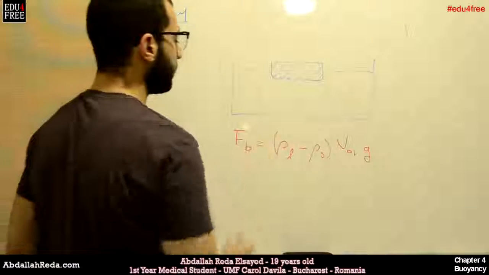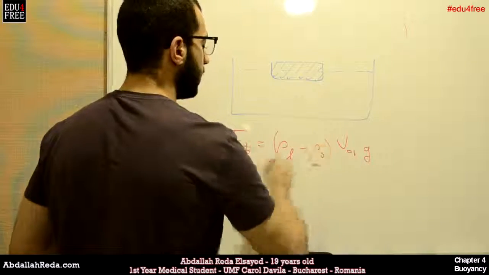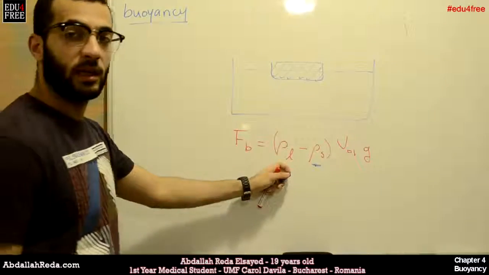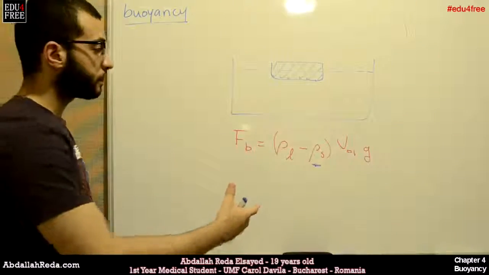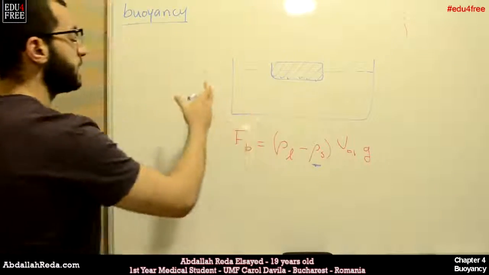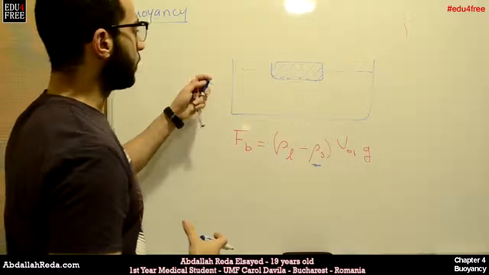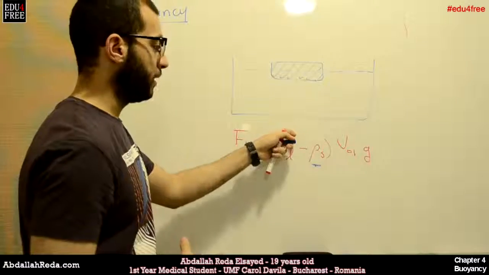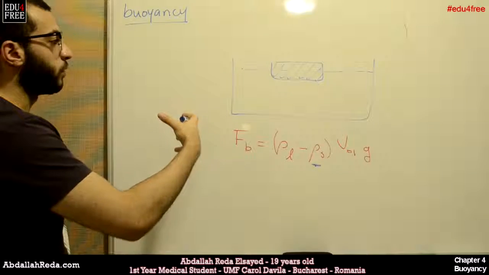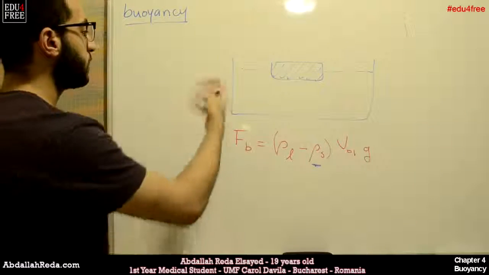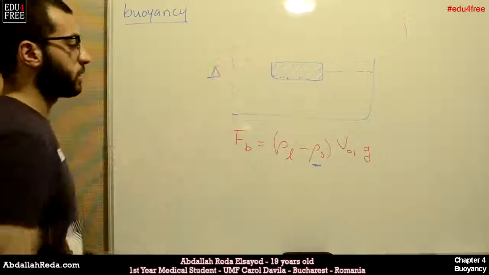So if the object floats, this means that the density of the object is less than the density of the liquid. So when we subtract them from each other, we get a positive value, and this means that the force that's acting on the object is higher. So the direction of the force will be in favor of the action of the liquid, and it goes upwards like this, and the object goes upwards and floats.